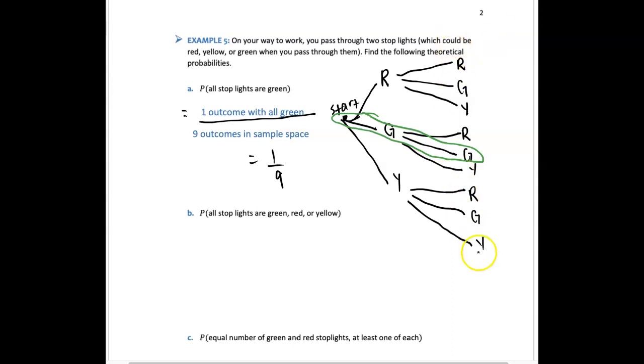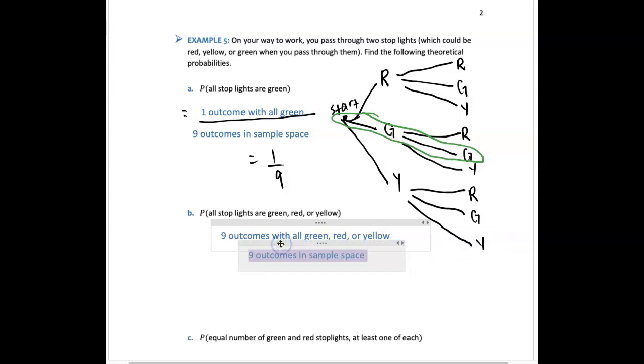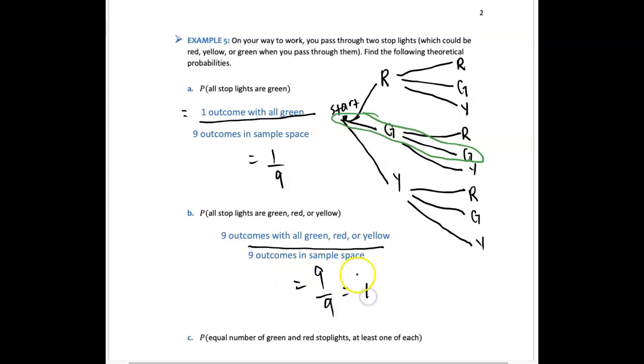So all 9 of these outcomes actually have both stoplights as green, red, or yellow. That's all that could happen. So there are 9 outcomes with all stoplights green, red, or yellow. And again, 9 outcomes in the sample space. So that gives a probability of 9 out of 9, which simplifies to 1.